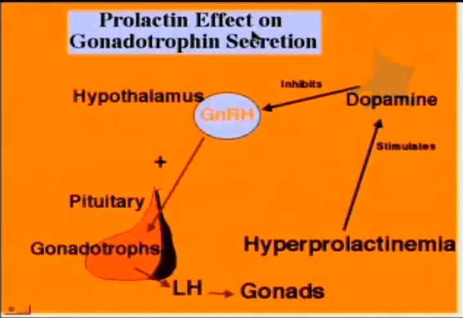So this slide is showing us an example of the prolactin effect on gonadotropin secretion. We focus first on a situation where there would be hyperprolactinemia in the systemic circulation.